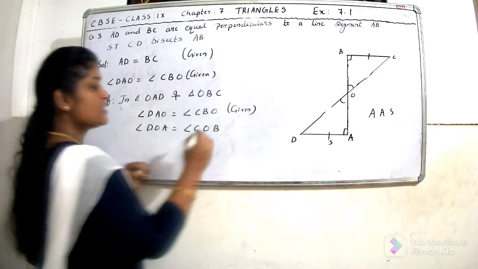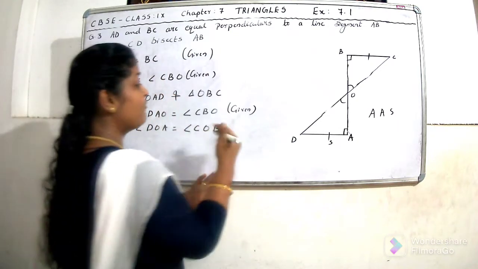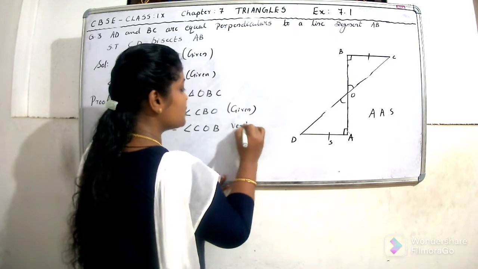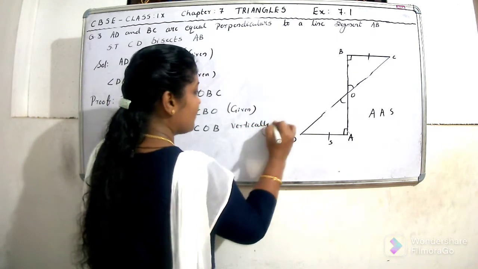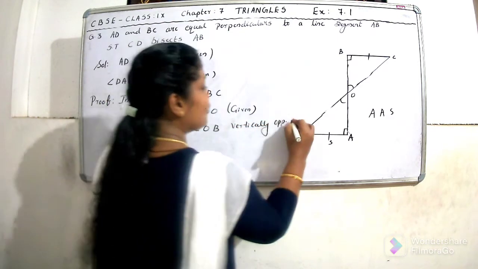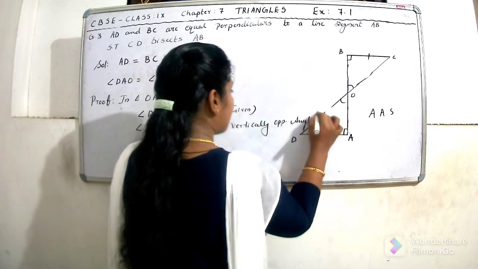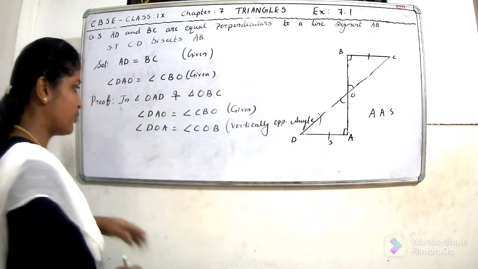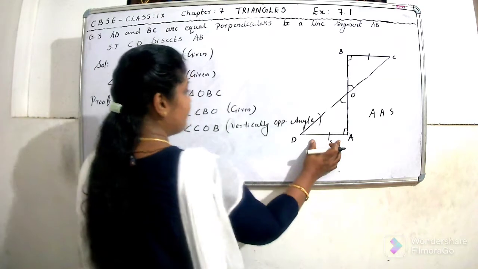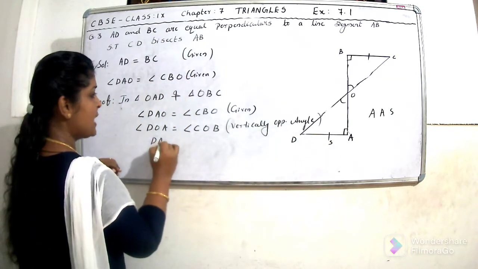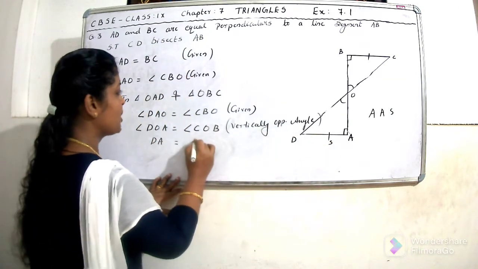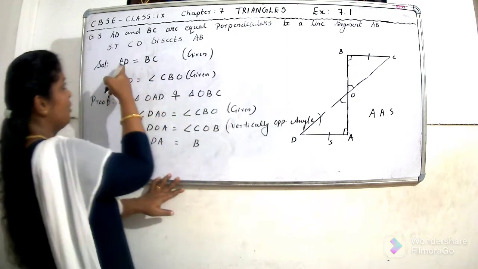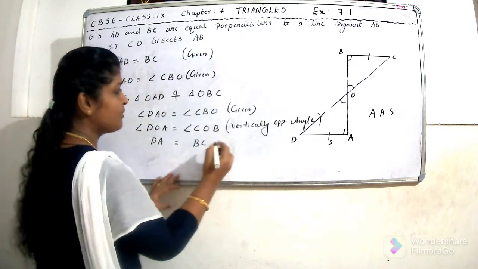This is not given; we find out that it is a vertically opposite angle. Vertically opposite angles are equal. Now the side we will take: DA is equal to BC, or AD equal to BC. No problem, given.